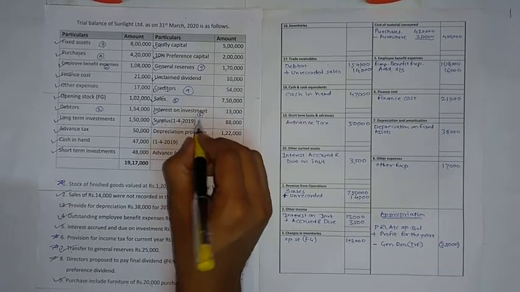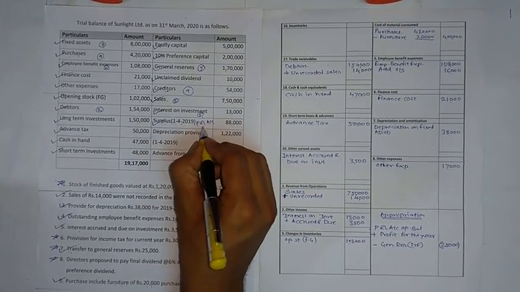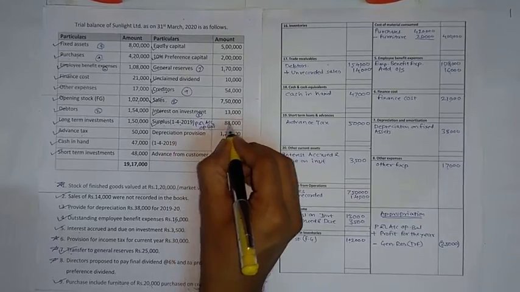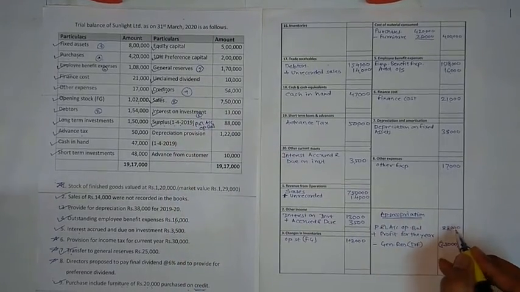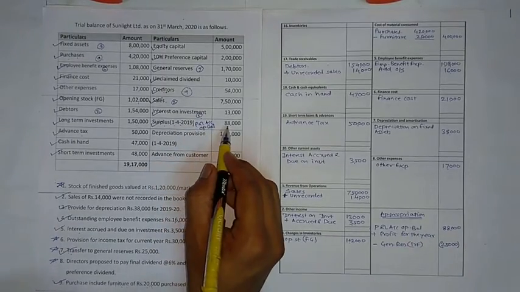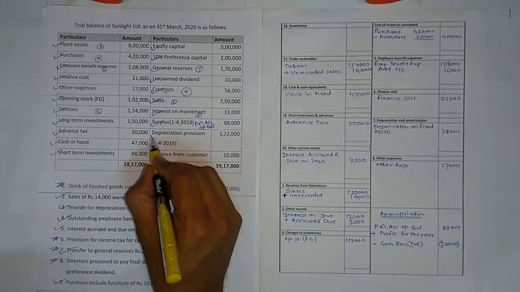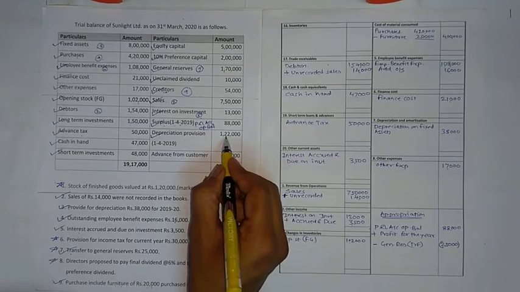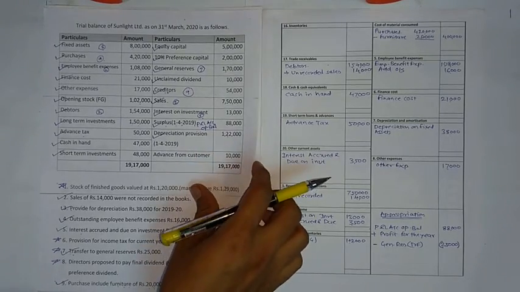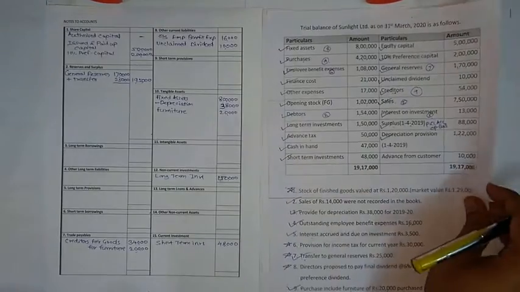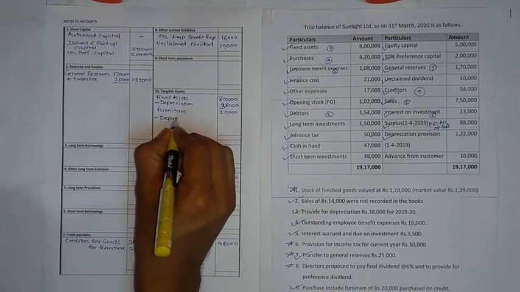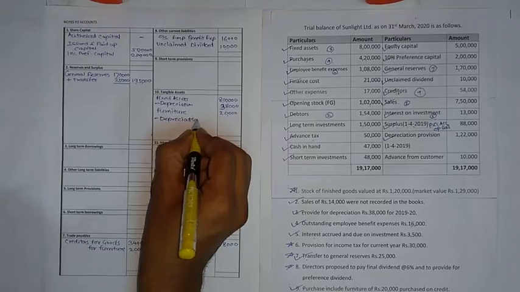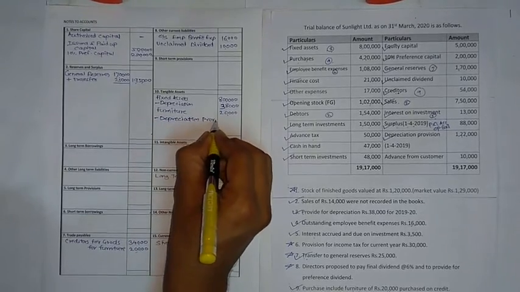Surplus 1419. Surplus, that is profit and loss account opening balance 88,000. This will be shown in appropriation, opening balance of last year P&L account. Then depreciation provision opening balance is shown 1,22,000. This provision will be deducted from tangible assets less depreciation provision.